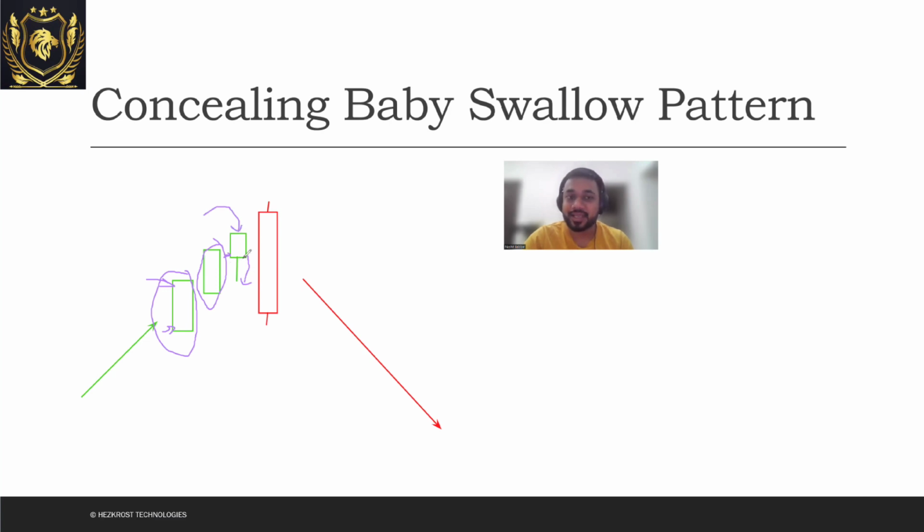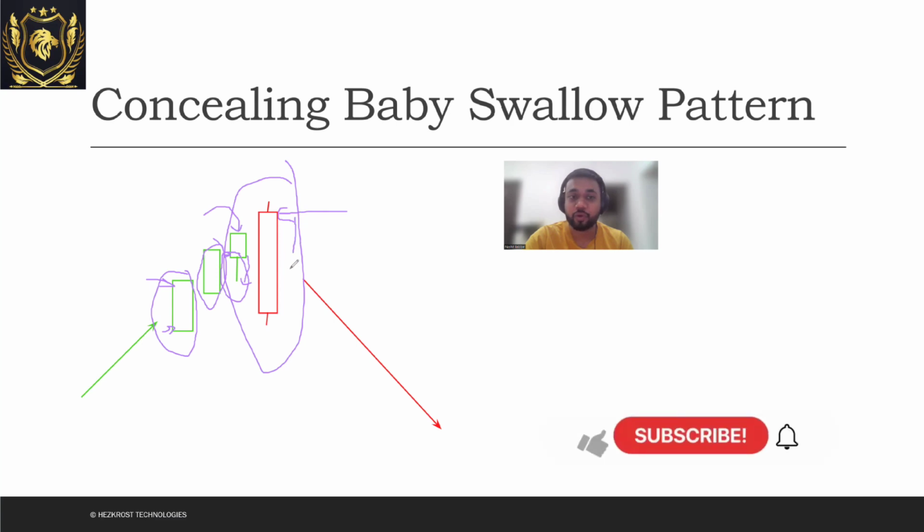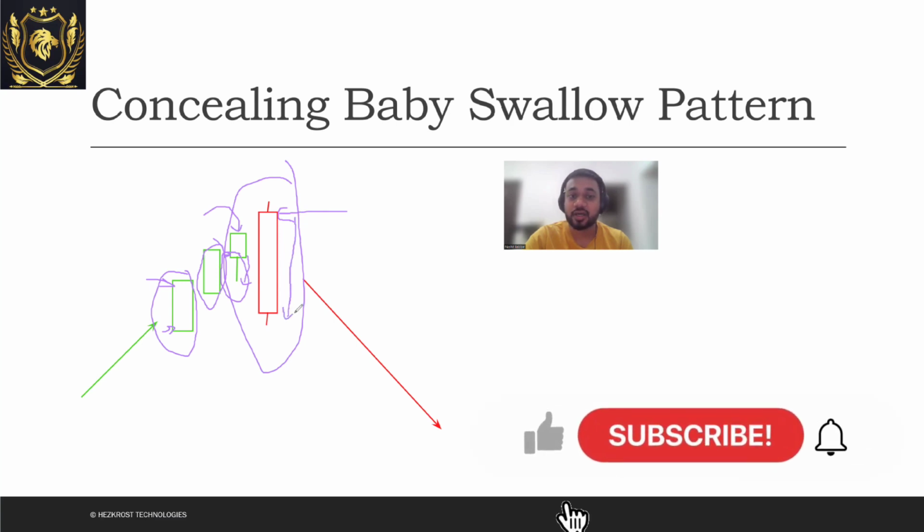But that selling pressure gave us an idea that maybe the sellers are now overpowering the buyers. This was confirmed on the fourth day, where the price opened high, somewhere over here, because it was a bullish trend. But now the sellers have overpowered the buyers so much that you see a long red candle formed, and the price ultimately closed over here.